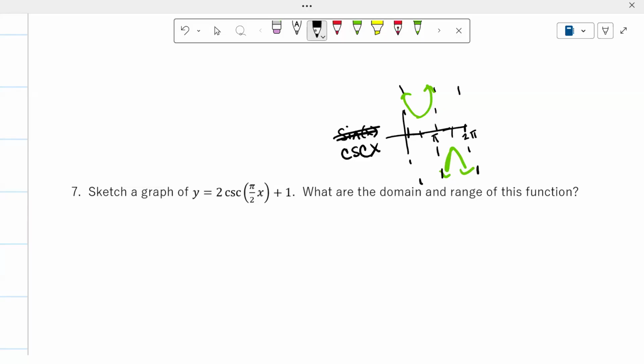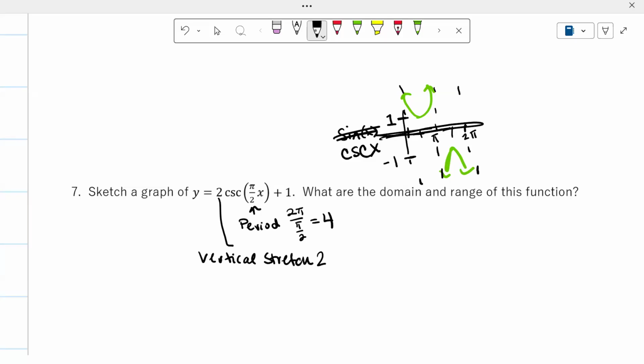Now, we're going to do a bunch of edits to that, alterations, right? Transformations. Looks like we're altering the period. 2 pi divided by pi over 2 gives me a period of 4. Okay. Vertical stretch, 2 units. So rather than being here at a 1 and here at -1, your gap to midline is 2.